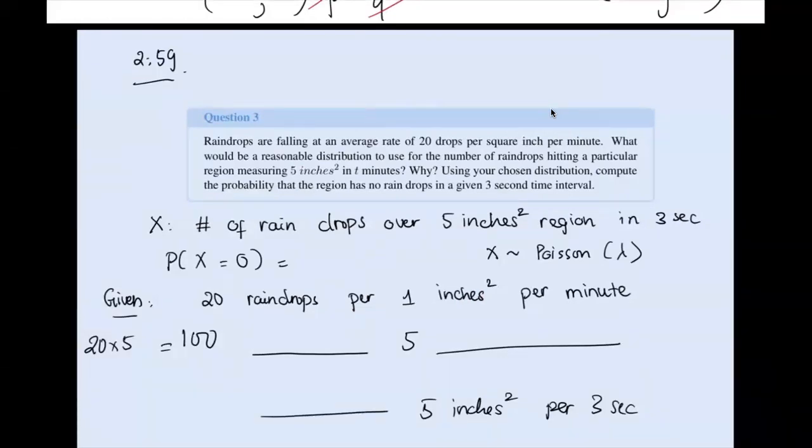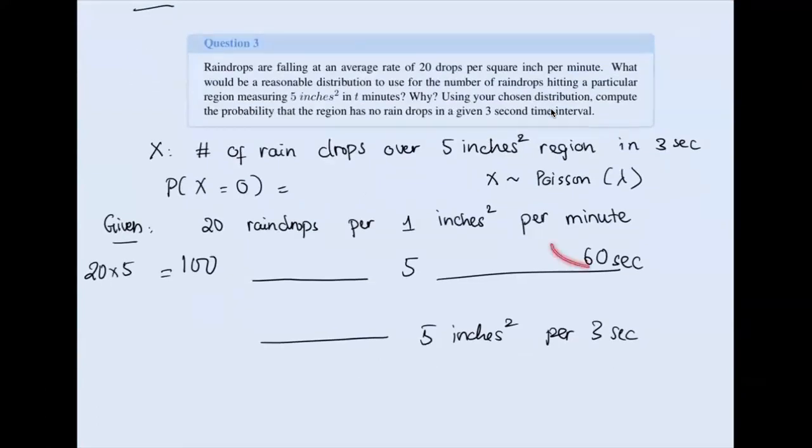But then we want per 3 seconds. Here it is per 1 minute, right? 1 minute is 60 seconds. So from 60 seconds to 3 seconds, we have to divide by 20, right? I hope that I calculated correctly.